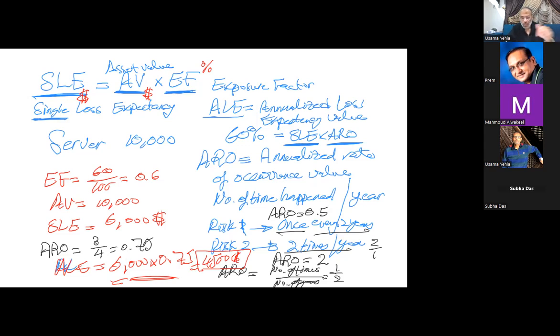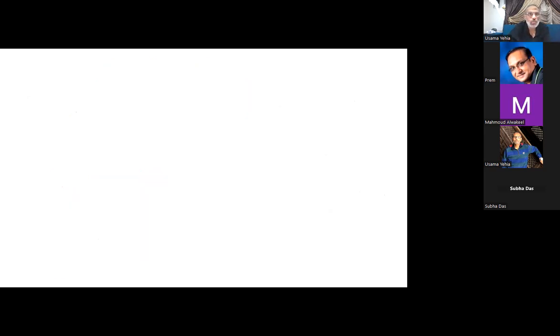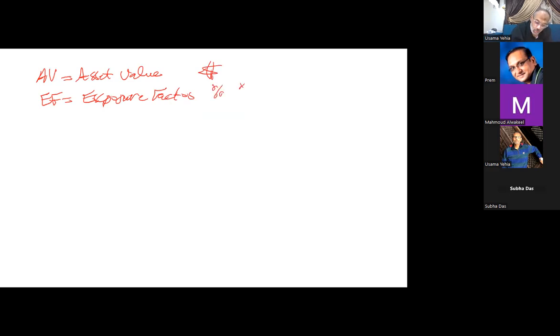Let's summarize the rules again for these equations. We have these factors. AV, asset value. EF, exposure factor. This one is a percentage, and it should be X over 100. Don't say 60%.